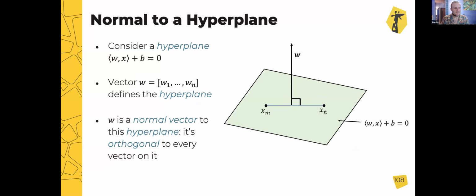So, needing a more visual approach, we can arrive with the following clarification. We can say that this vector W defines the hyperplane in which way? We say that it is a normal vector. Normal means it is orthogonal to every vector that lives on our hyperplane.